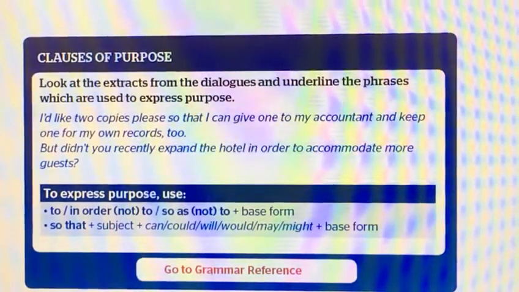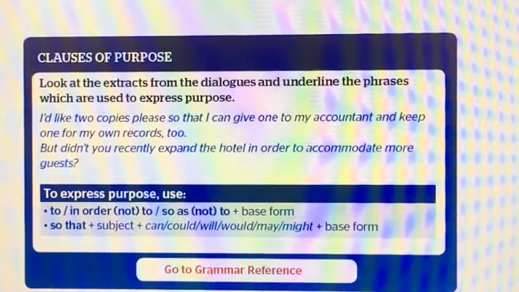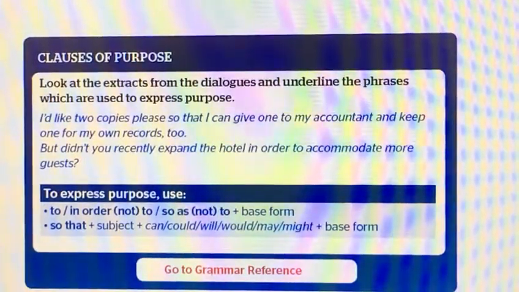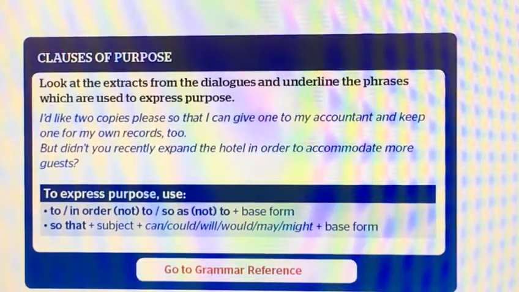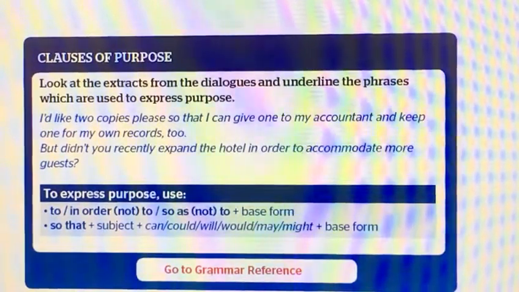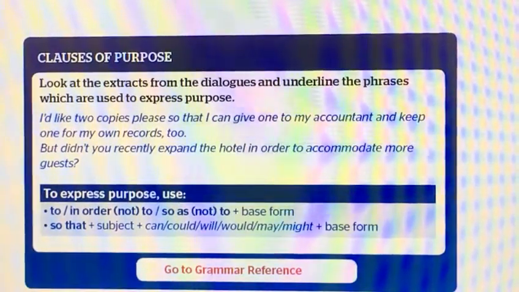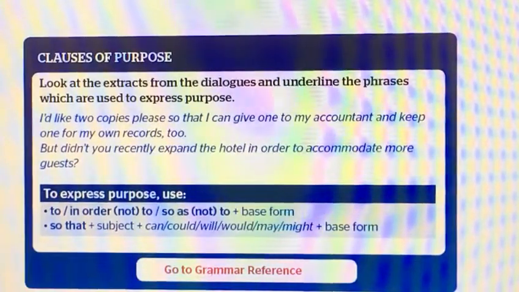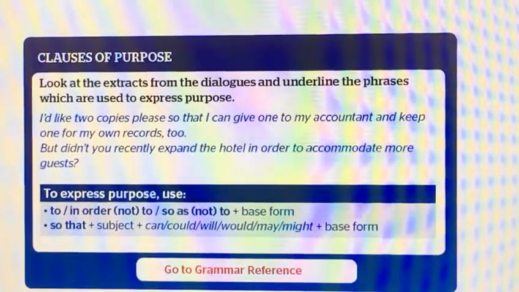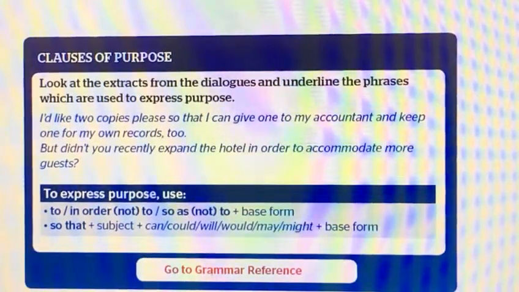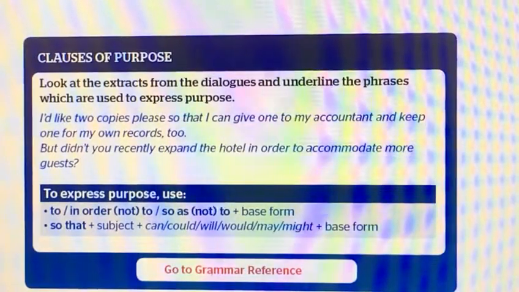Clause of purpose. Clauses of purpose are introduced with so that plus modal verb like can, may, will, could, might, should, would, plus not, plus the base form. We will call him so that he will be informed about this as well, or so as not to, or in order to, or in order not to, plus the base form.